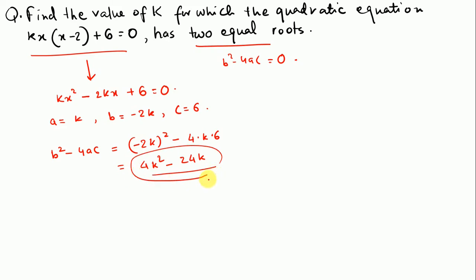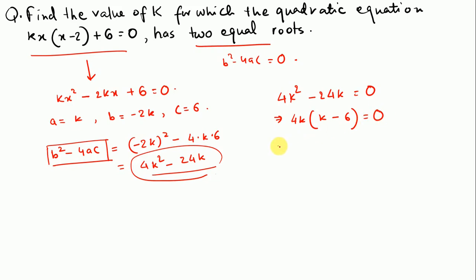As we already know that the discriminant will be 0, we equate 4k square minus 24k equals 0. Now take 4k common, this will be 4k(k minus 6) equals 0, or we can simply say that k equals 0, k equals 6.